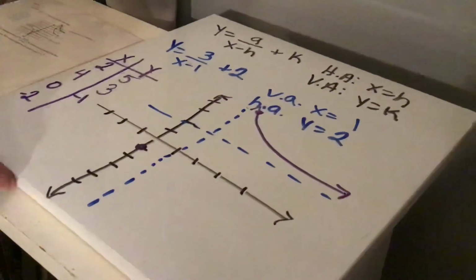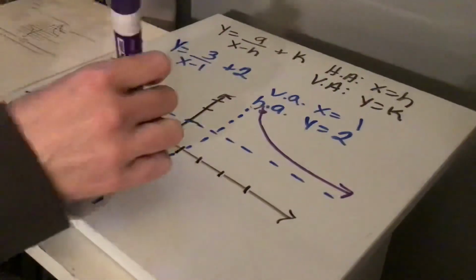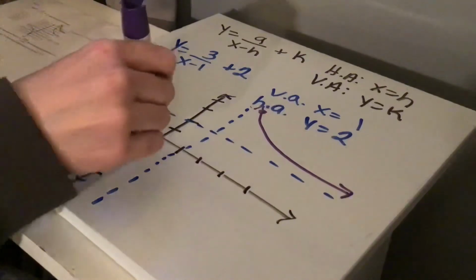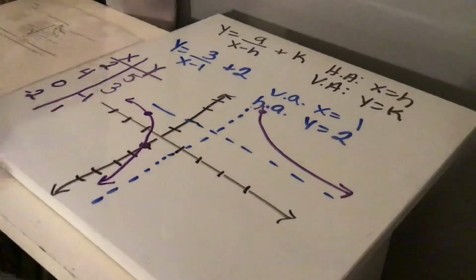And 3 divided by negative 2 minus 1 would be negative 1. And negative 1 plus 2 is 1. So negative 2, 1. Yes, we are crossing the x and y axis because our asymptotes have shifted. Okay, and we've graphed a simple rational function, a simple hyperbola.